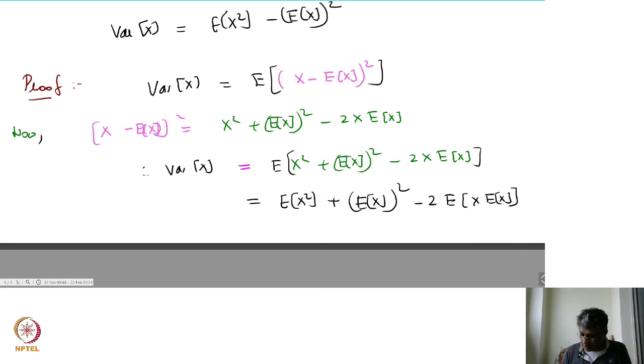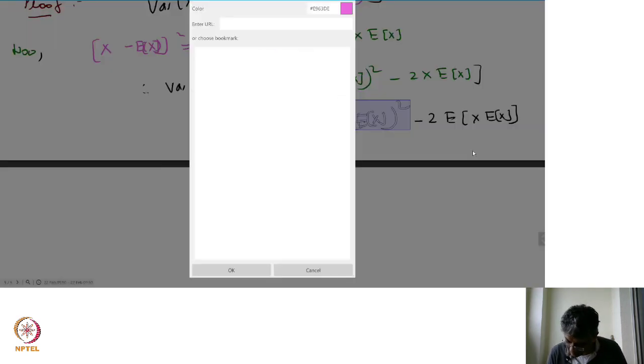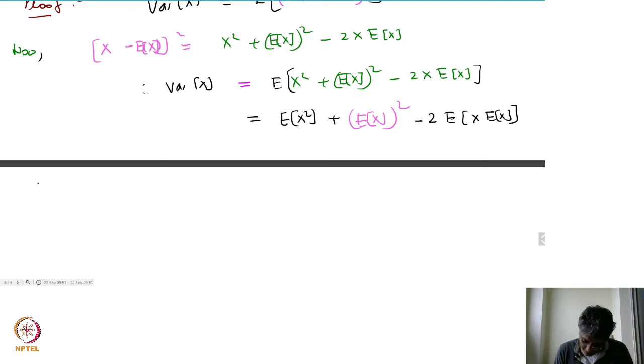So what have I used here? In this step, I used the fact that E of x the whole squared is a constant.